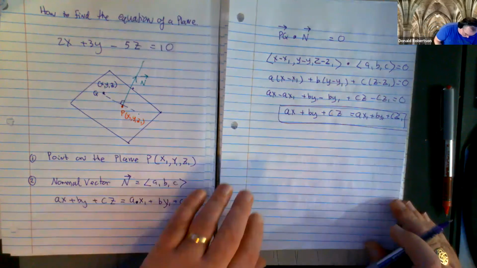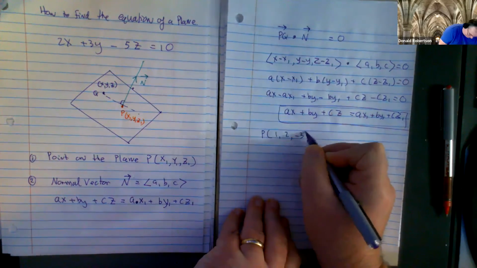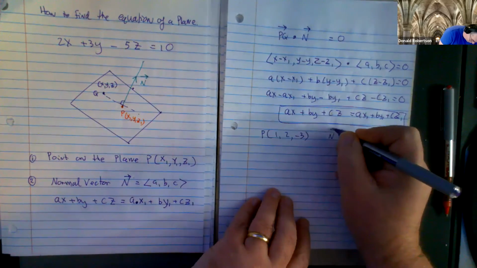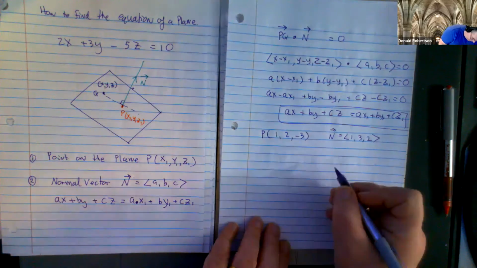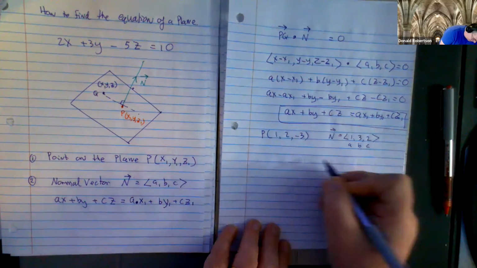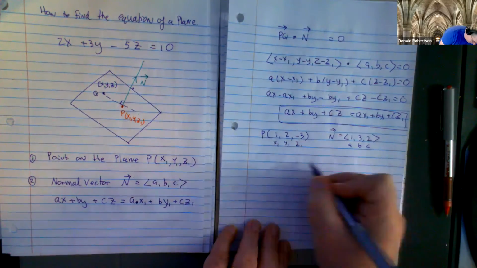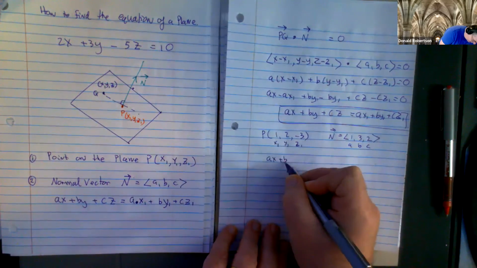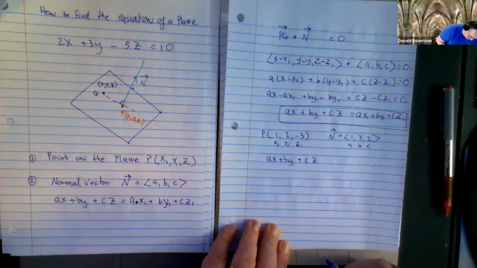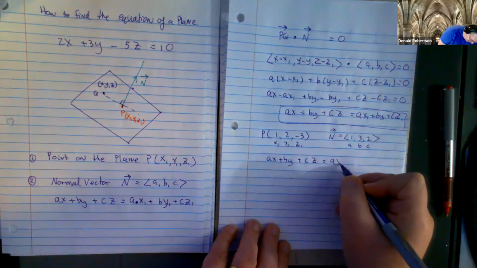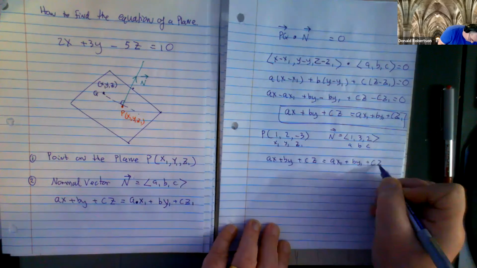Now, let's do one. Suppose I have a point 1, 2, -3, and I have a normal, and it's 1, 3, 2. Then this is my ABC. This is my x1, y1, z1. Then the equation of the plane is ax plus by plus cz equals ax1 plus by1 plus cz1.